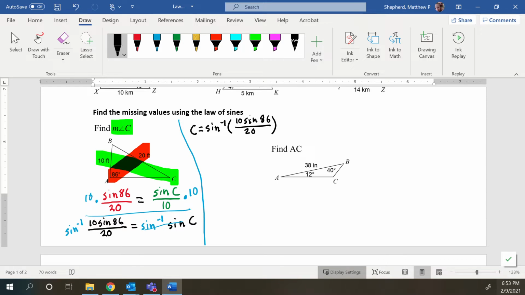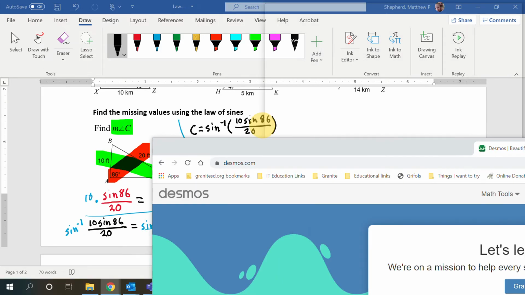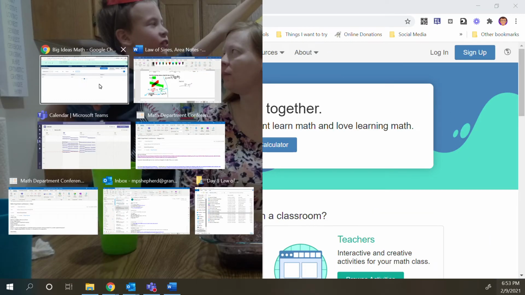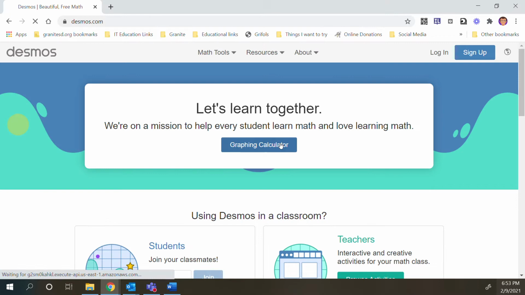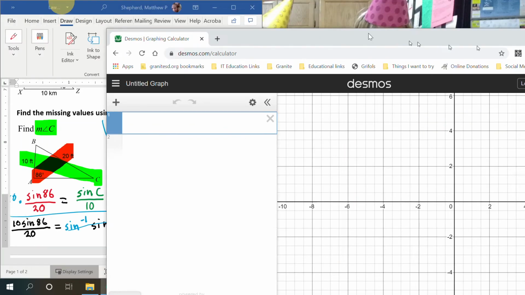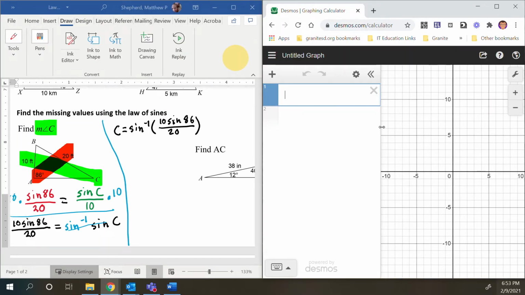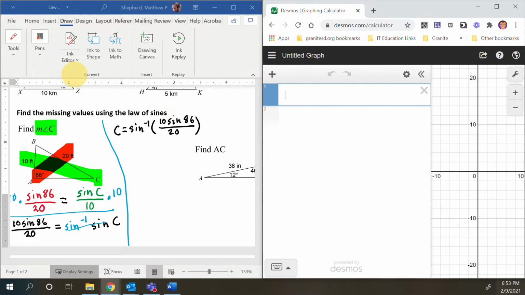So our next challenge is finding the answer to that and being able to calculate that. So what I'm going to do is open up desmos.com. And that's the resource we're going to use right now to do this. So just go to desmos.com, open up the graphing calculator.